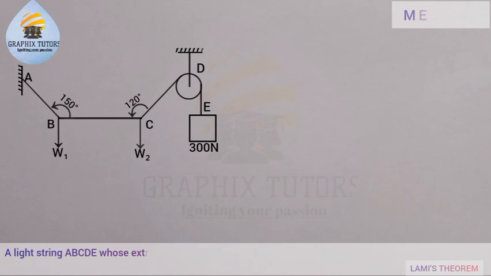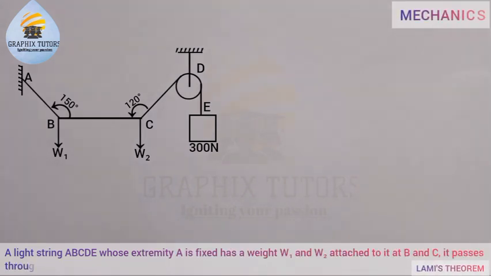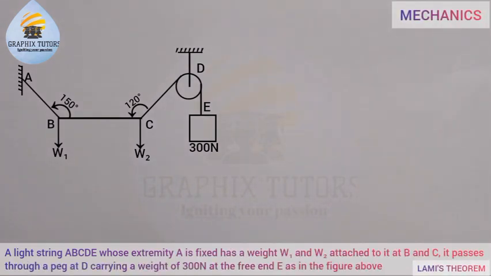It says a light string ABCDE whose extremity A is fixed has the weights W1 and W2 attached to it at B and C. It passes through a peg at D carrying a weight of 300 Newton at the free end E as shown in the figure. Now this is the figure.